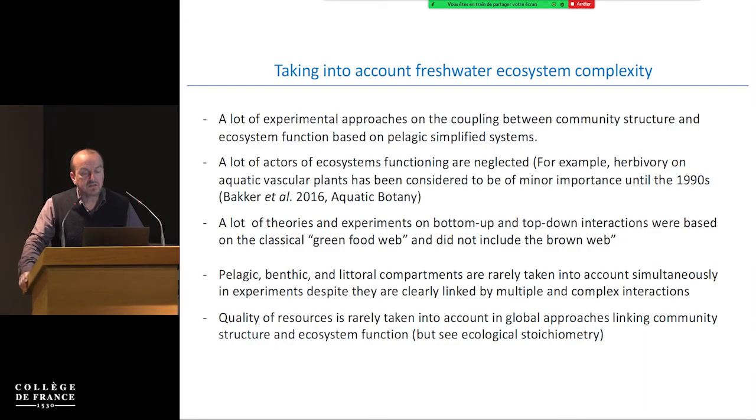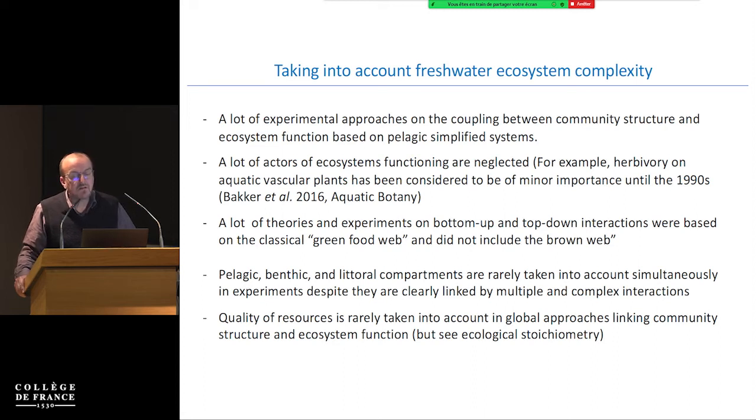So I just wanted to take a few examples in aquatic freshwater ecosystems on aspects associated to experiments. First, I wanted to say that a lot of experimental approaches have been done on the coupling between community structure and ecosystem function.